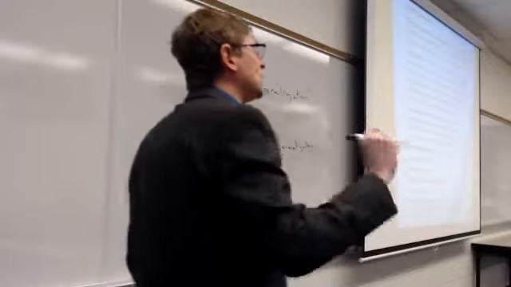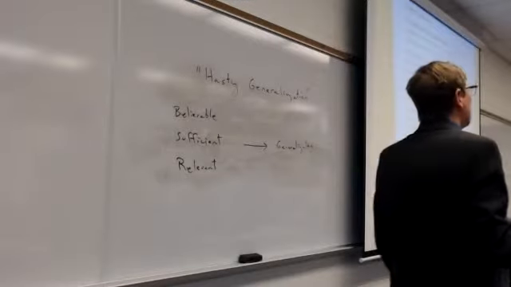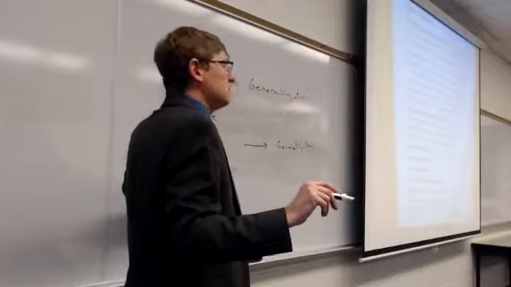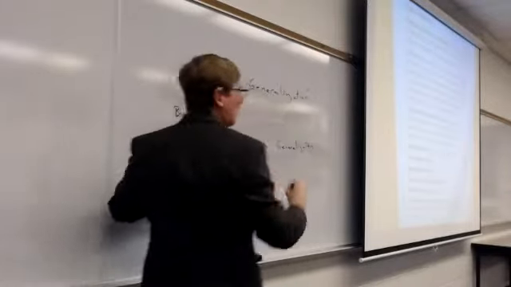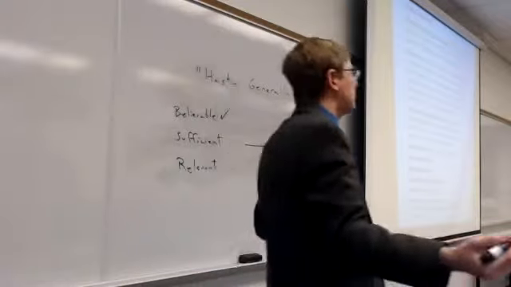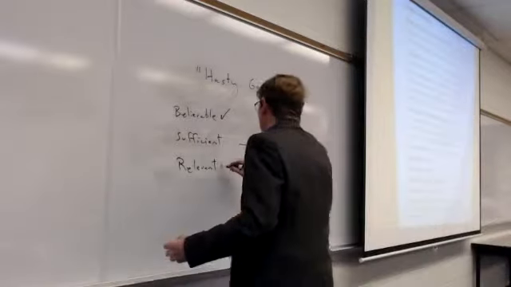Now, I'm admittedly trying to explain this more thoroughly than the textbook does. Whenever we make a hasty generalization, typically, the evidence that we've gathered is, in fact, true. So it's met that standard. Typically, the evidence is also relevant.